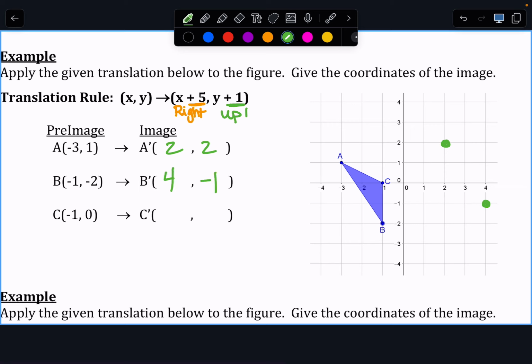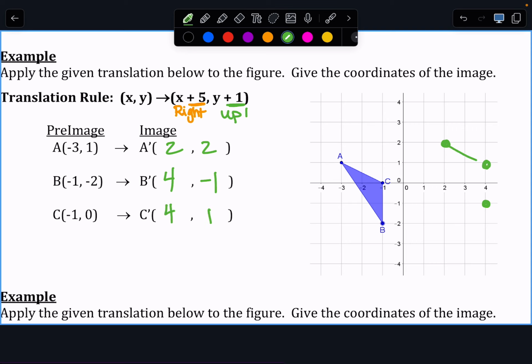Heck yeah. I'm sorry, is this too easy for you? Just a little? Okay. And then for C, here I am at -1, 0. We're going to go 1, 2, 3, 4, 5 to the left and up 1. And so we are now at 4, 1.